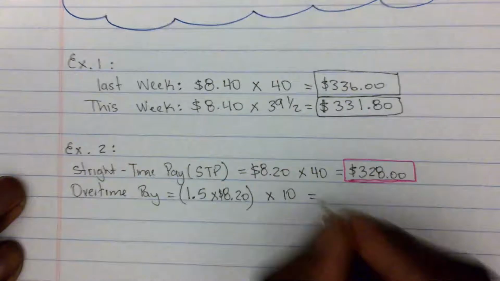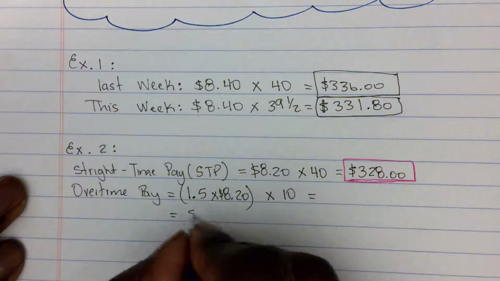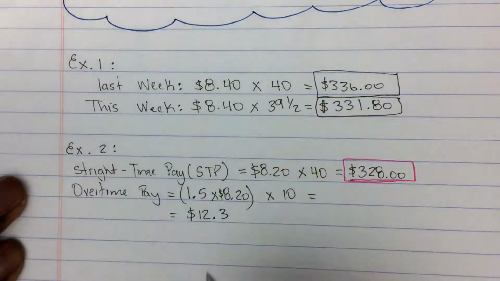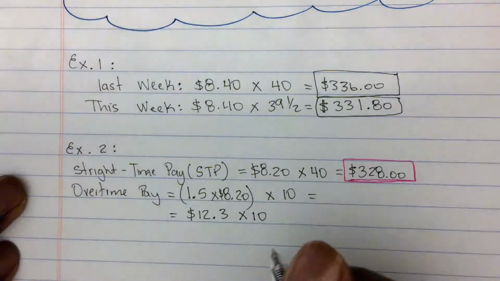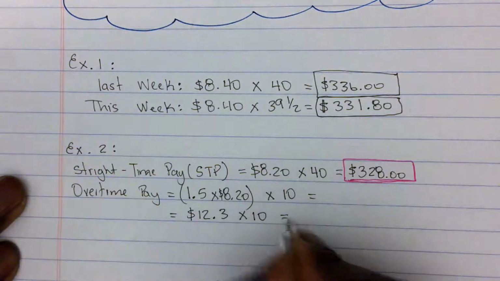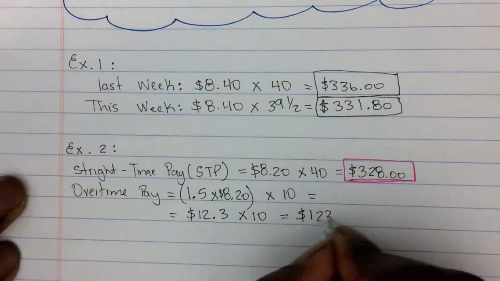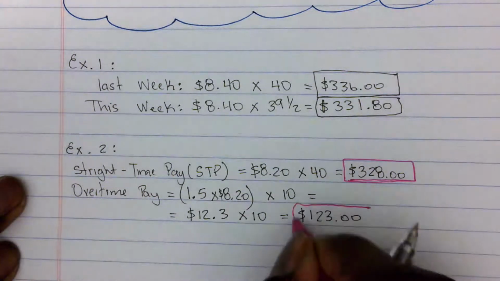When I multiply this, 1.5 times 8.20 gives me $12.30, and I multiply that by 10 hours, which gives me a total of $123. This becomes the second part of my answer.